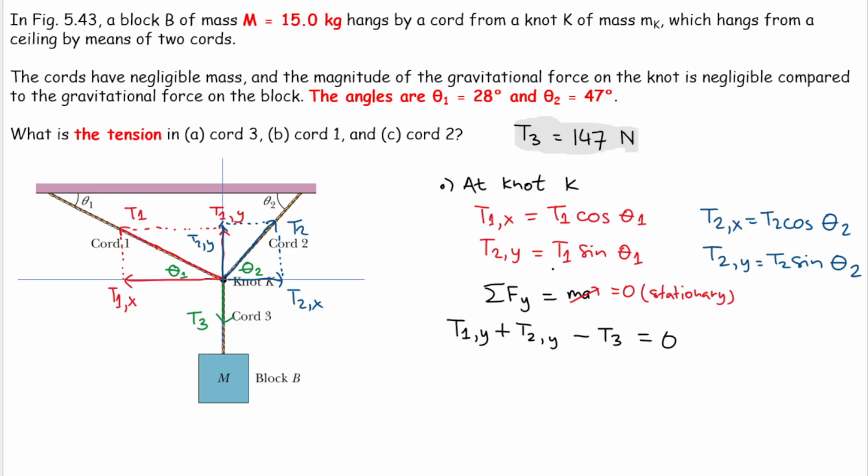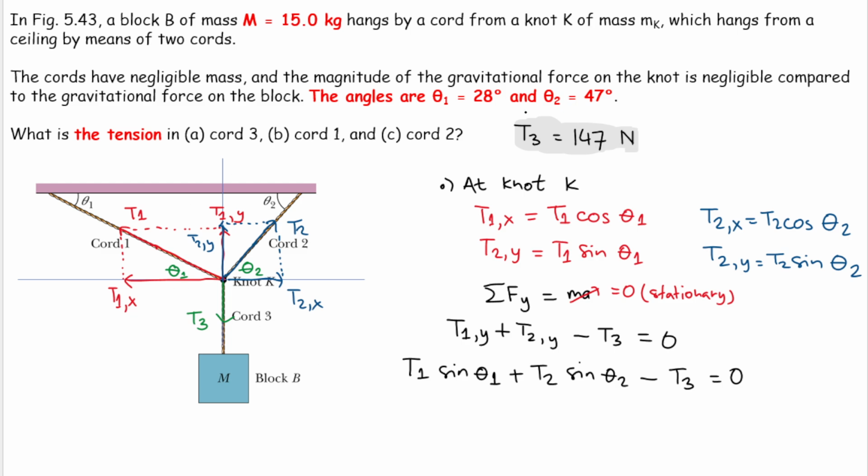T1 sine theta 1. So I'll have T1 sine theta 1, and then plus T2 sine theta 2, and then minus T3, and all of that will equal 0. Good. T1 is unknown.